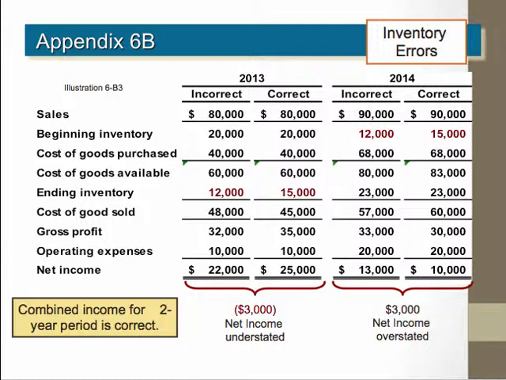So here's an example of what happens if we make a mistake. Notice in 2013 and 2014, because of an ending inventory error in 2013, which caused net income to be understated, in 2014, assuming that the ending inventory is correct, we would have $3,000 of an overstatement of net income because the beginning inventory was incorrect.